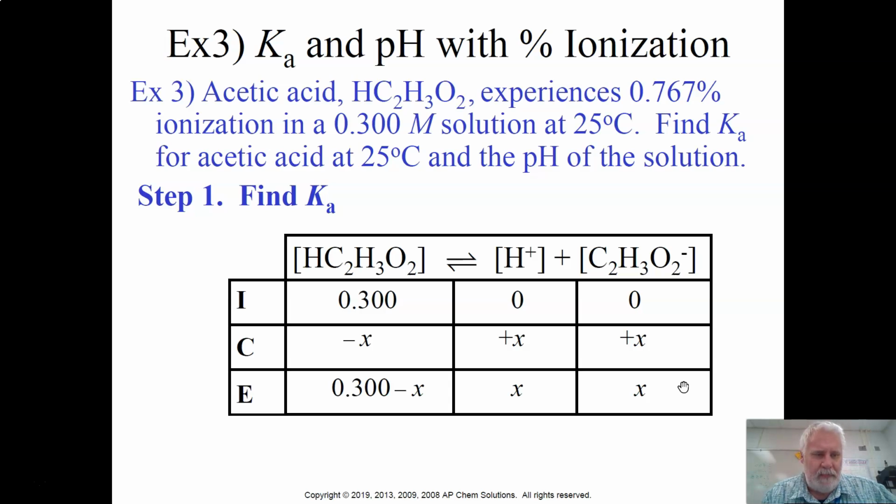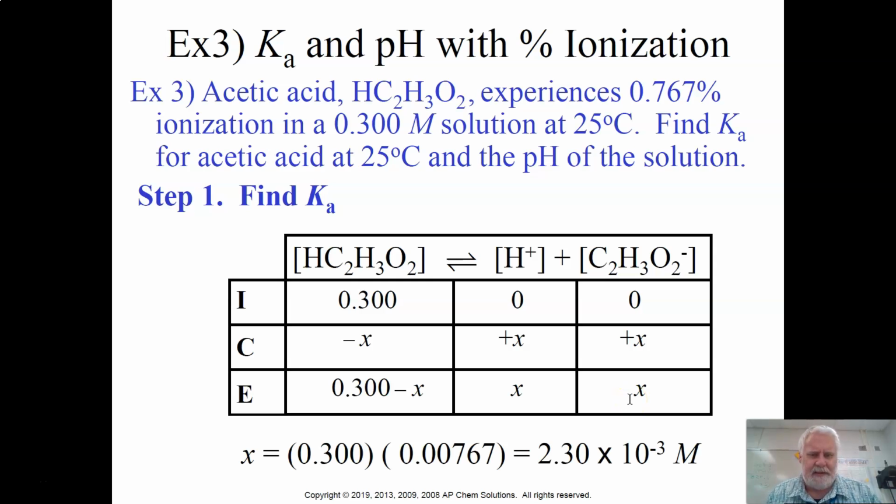Well, here's the thing. If you know the percent of ionization, you can figure out the concentration of this negative ion. Remember we said you take that over the original acid and that will give you that percent. So we can figure out the C2H3O2, the acetate ion, by just doing this.